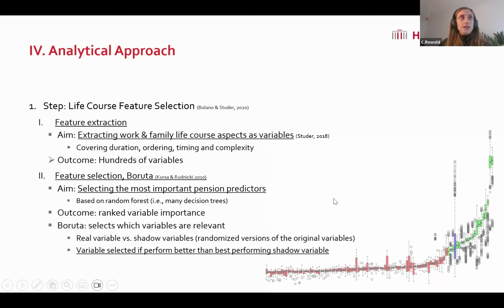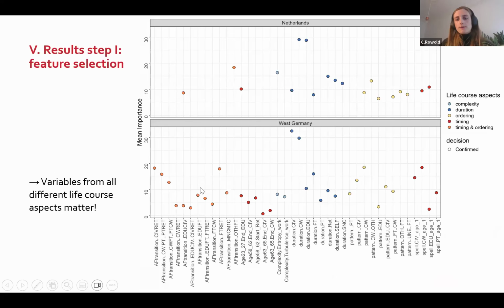Okay, let's have finally a look at the first results. So here you see the variables that were selected as important for the Netherlands and West Germany. And no worries, you don't have to read these variable names. I will go a bit more into this in a second.